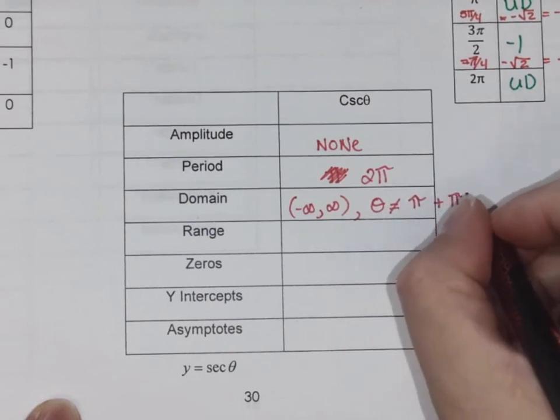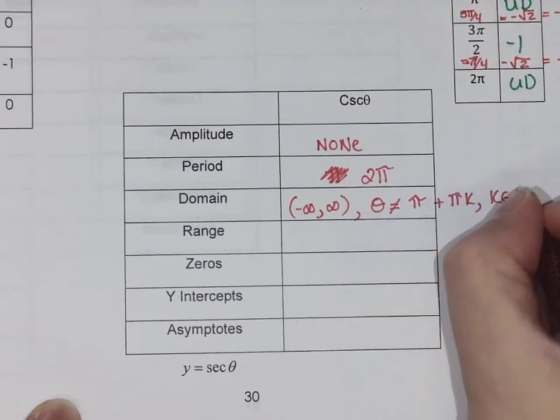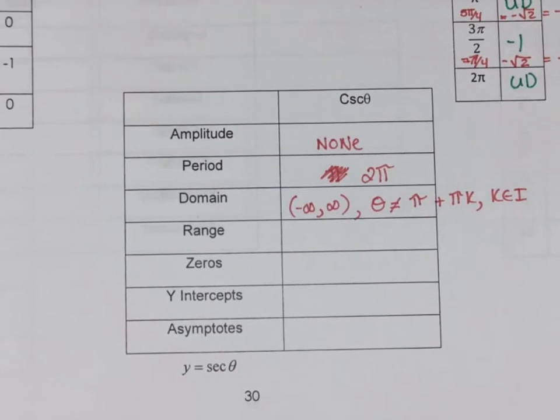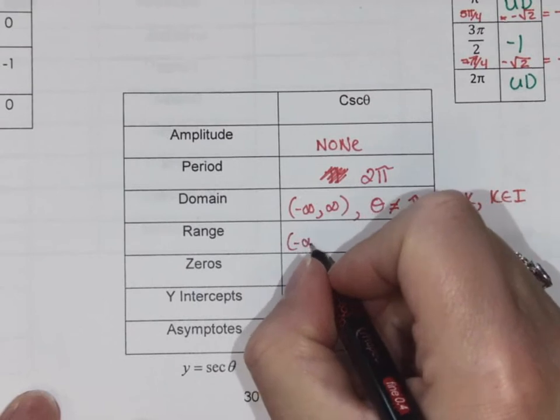Range. Okay, I agree with you, but what are we going to do there? -1, Y cannot equal 0. Okay.